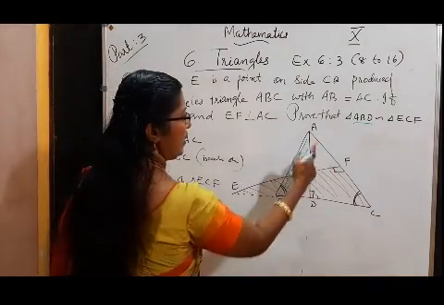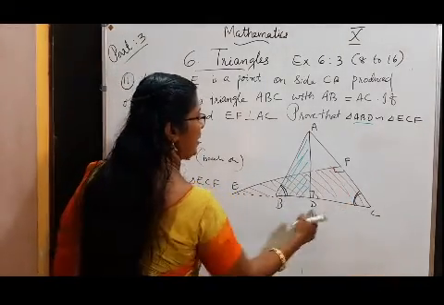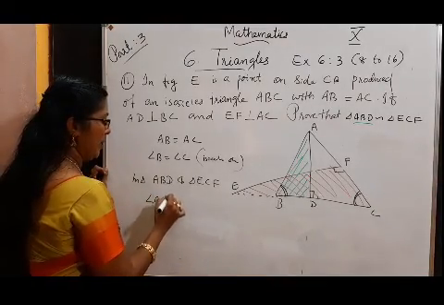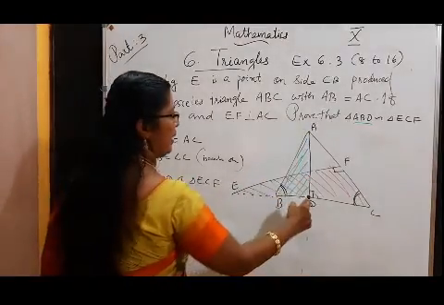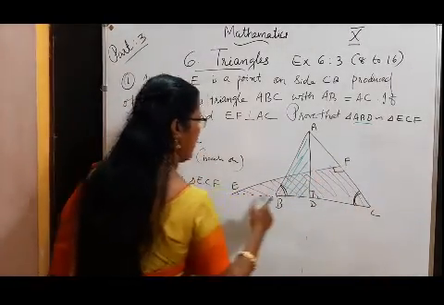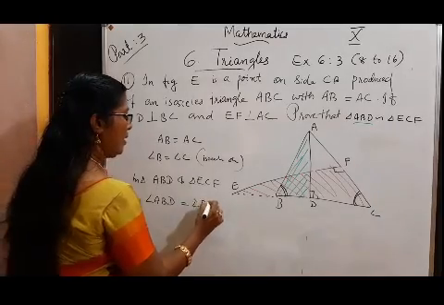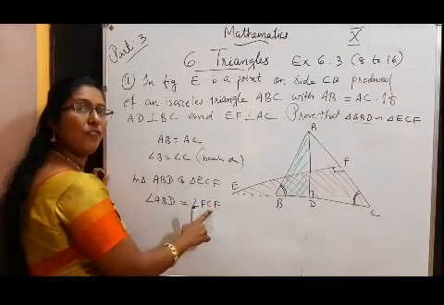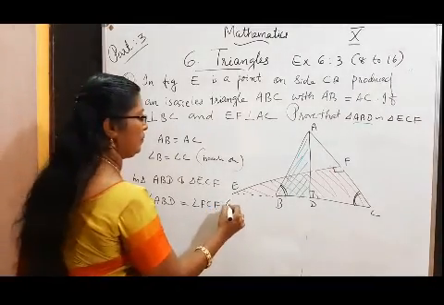In triangles ABD and FCE, angle ABD equals angle FCE. That means B and C are the base angles of an isosceles triangle, which is given.